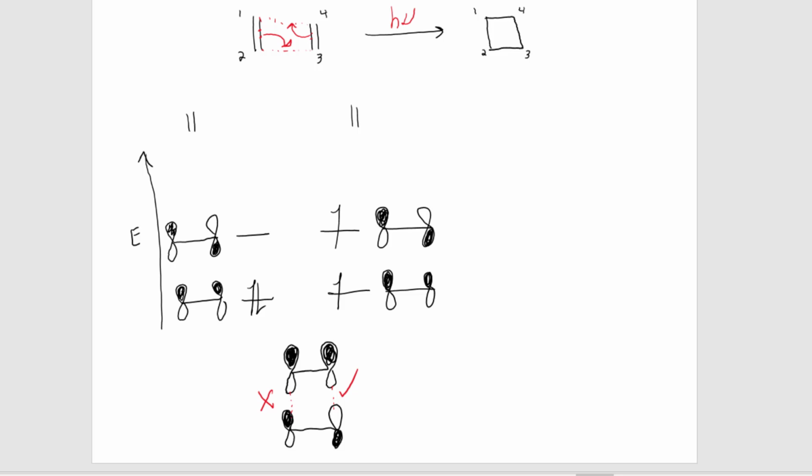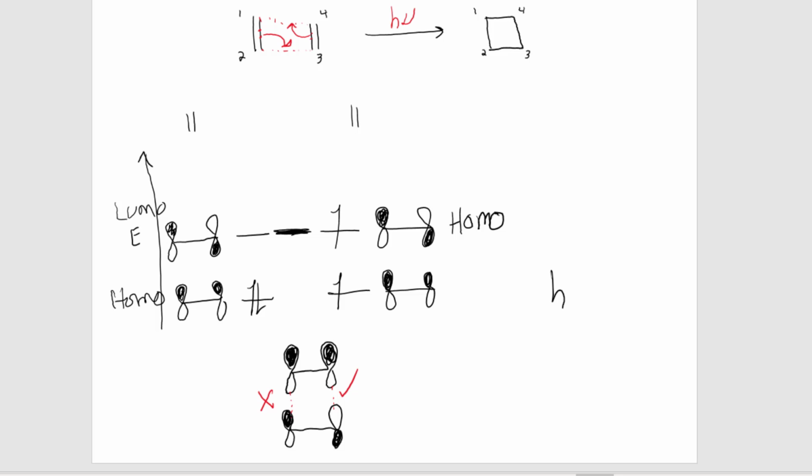If you add a photon source to excite one of the electrons from the HOMO up to the next level, this is now the HOMO, the highest occupied molecular orbital, and this is still, for the other one, the LUMO. And so these are very close in energy, so these two are going to interact.